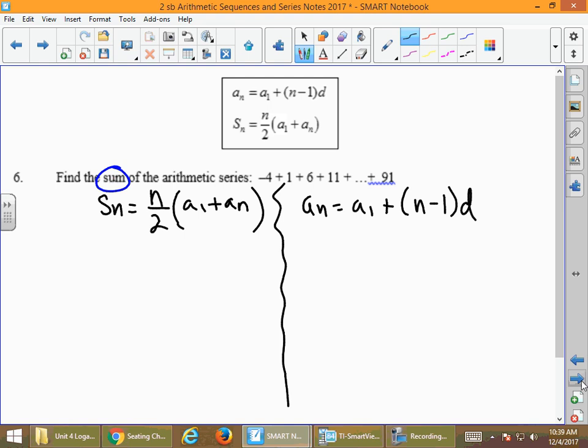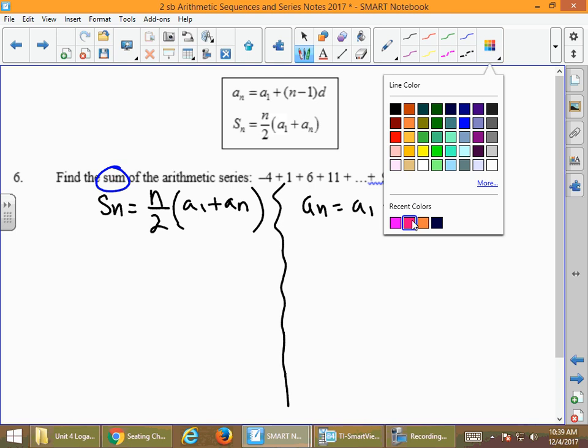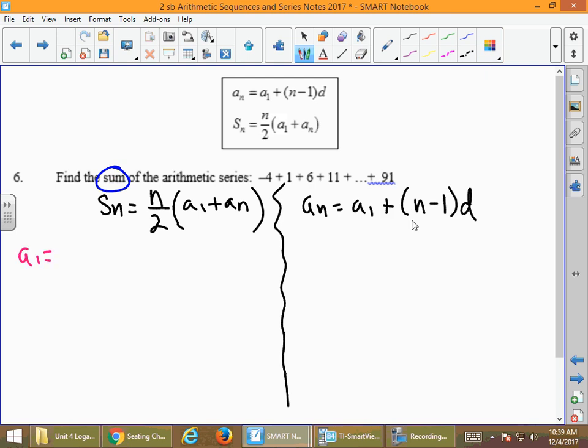And again, some of your faces are saying, no, I don't know why. But we know that a sub 1 is our first term listed, which is negative 4. And we know that a sub n is 91. So we know where we can put those. But we don't know what n is.